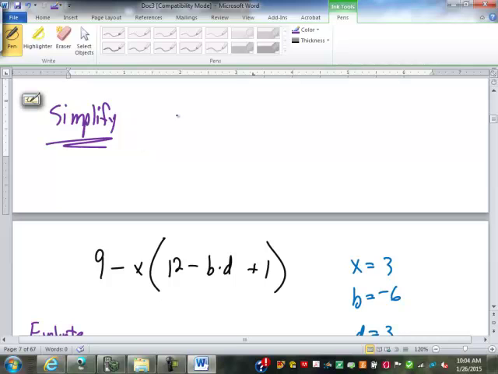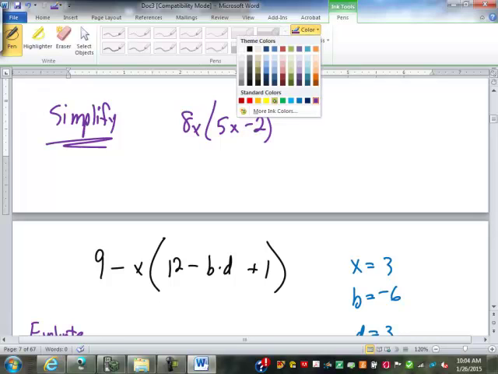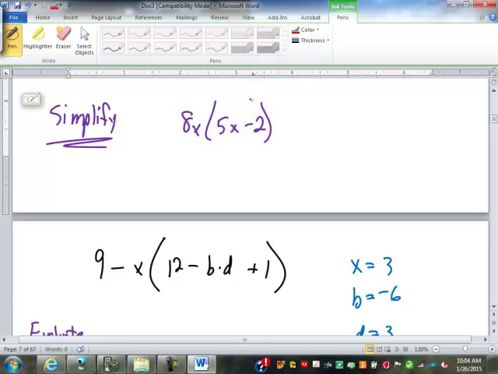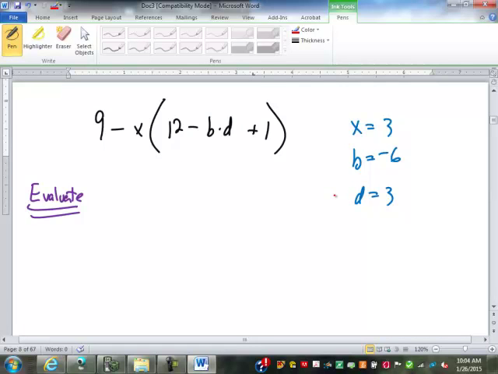Like if you're told to simplify 8x times 5x minus 2, you are not going to get a single number answer here. You've got 8x times 5x is 40x squared, and 8x times negative 2 is negative 16x. That's as far as you can go. You simplified it, but you can't reduce it to a single answer. Evaluate means you are going to reduce it to a single number answer.